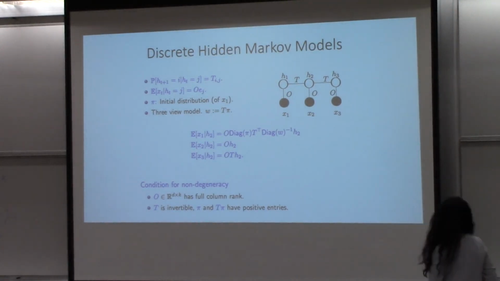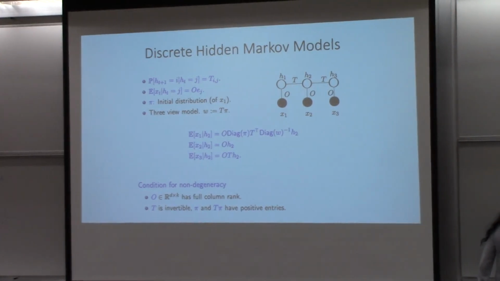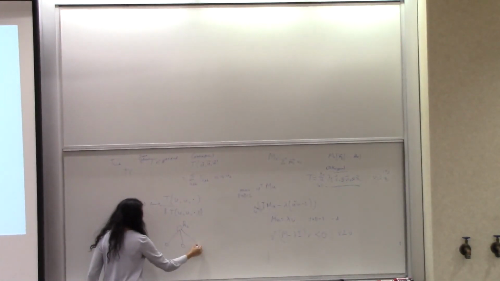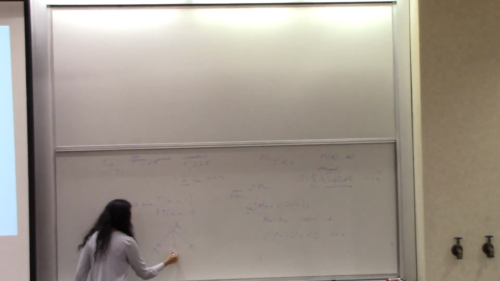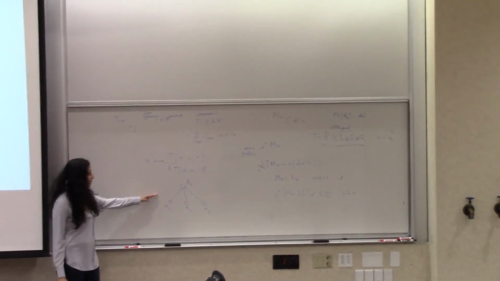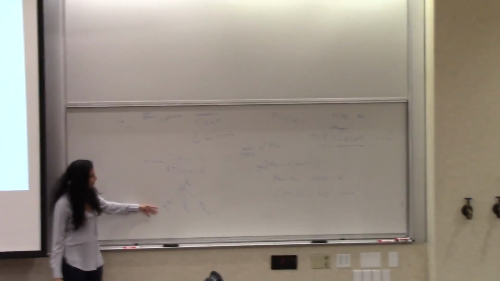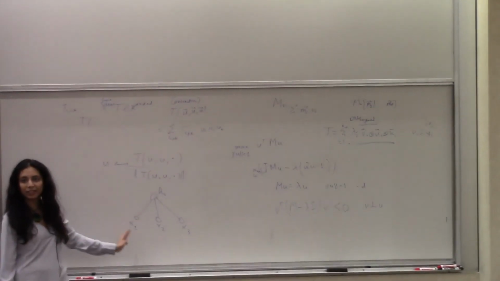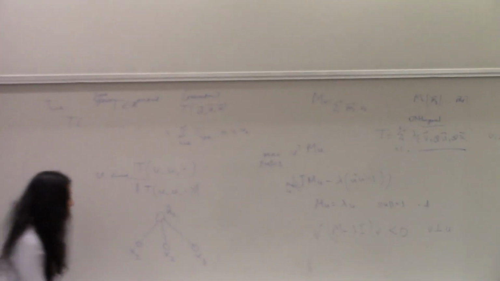Instead what you get is a system where H2 is related to these 3 observed consecutive measurements. And here there is conditional independence: if I condition on H2, these 3 parts are conditionally independent.